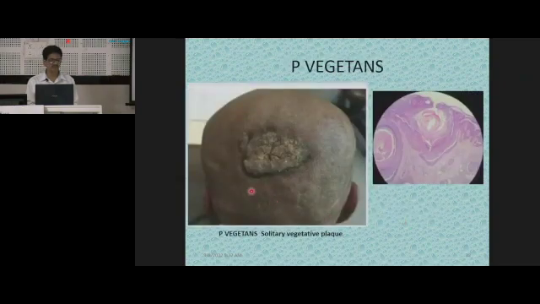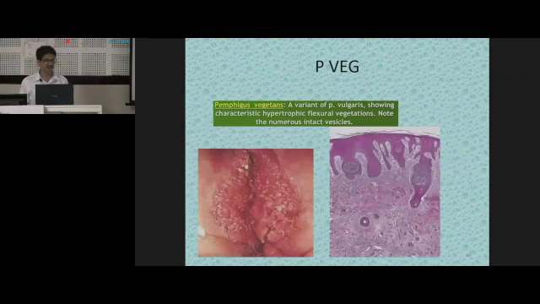Now its gross appearance would show you why it is pemphigus vegetans. You can see that single plus additional one here. This is the healing process occurring in a pemphigus vulgaris, and while healing it is giving this appearance as a solitary vegetative plaque. Another case of pemphigus vegetans in which the flexural surfaces are usually involved, and there are numerous intact vesicles containing a lot of neutrophils, that is the pustules.